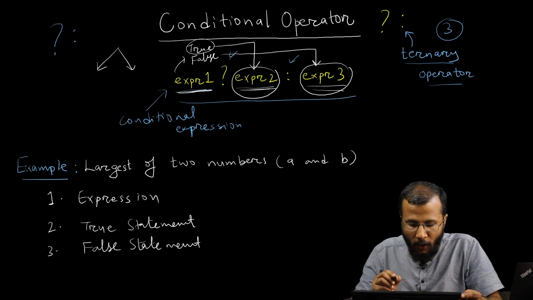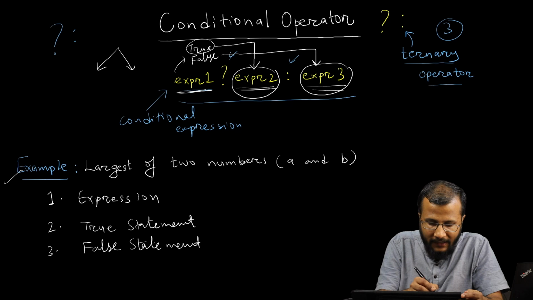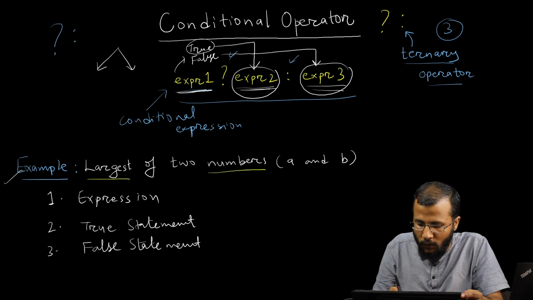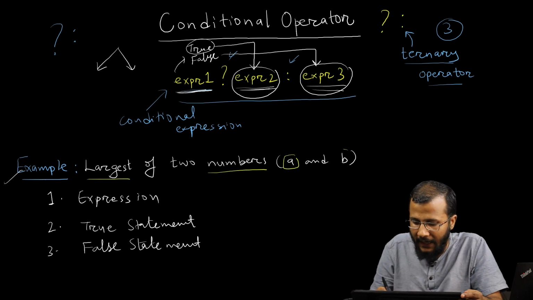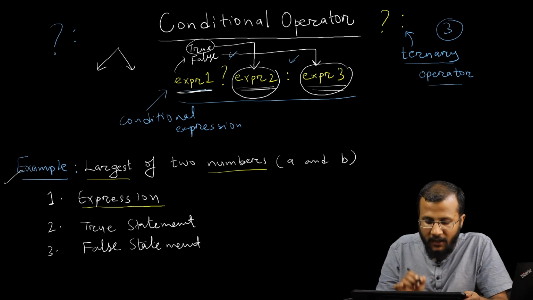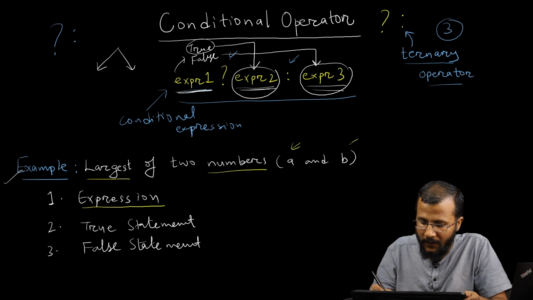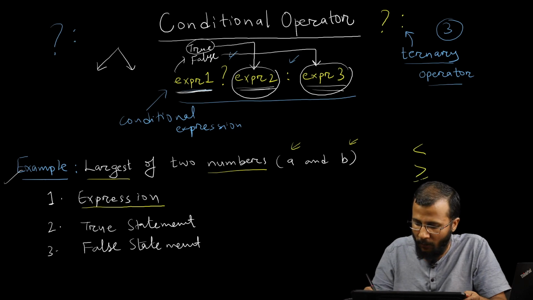Let us understand this operator in more detail by looking at this example of finding the largest of two numbers, let's say A and B. First of all, we need to write our conditional expression to check which one is largest amongst A and B. For this, we can use the relational less than or greater than operator. Let's use the greater than operator.